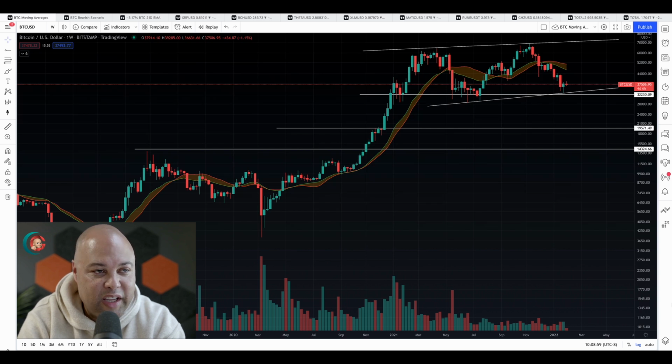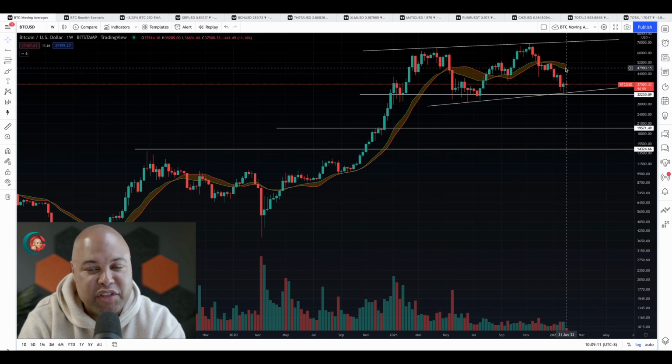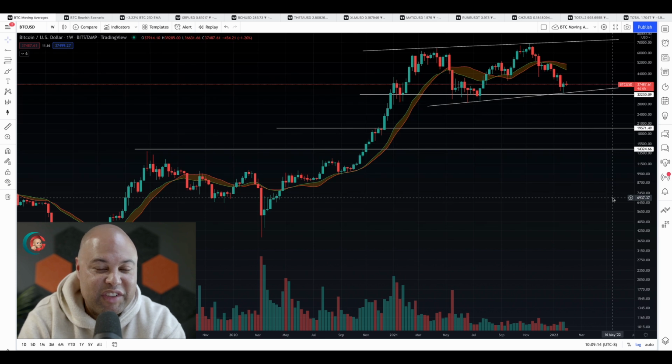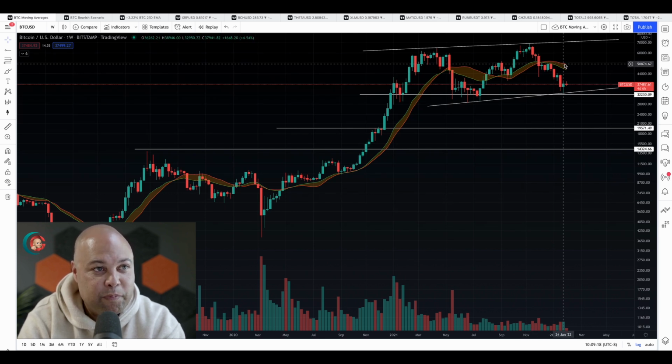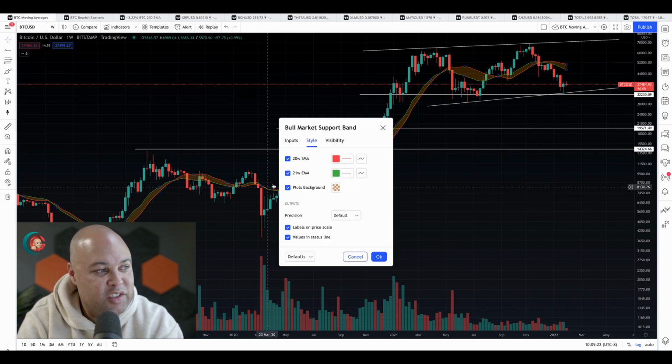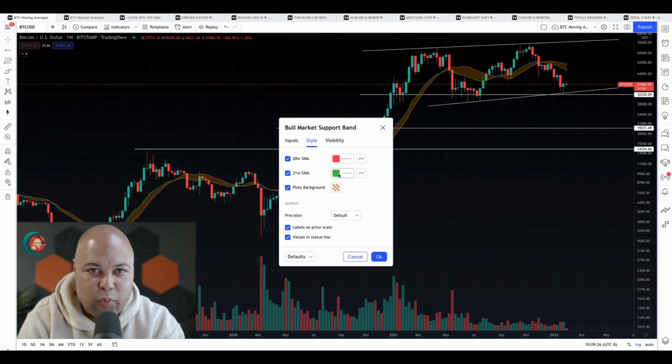But if you look at this bull market support band, it's basically a region comprised of two moving averages. One is an SMA, which is a simple moving average, and the other is an EMA, which is an exponential moving average. So the red line is the 20-week SMA, or the 20-week simple moving average, and the green line is the 21-week exponential moving average.